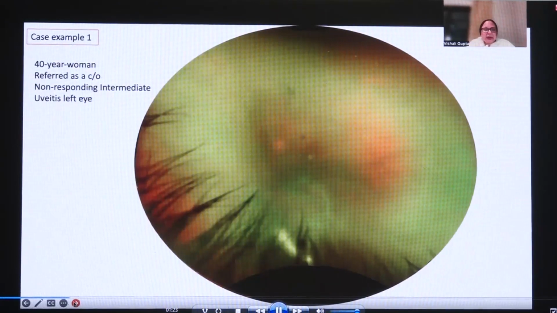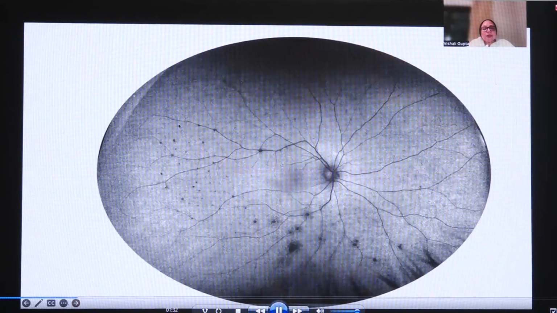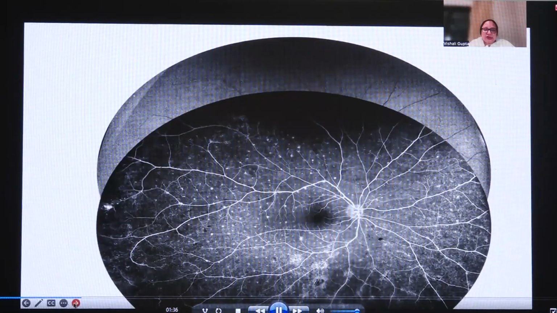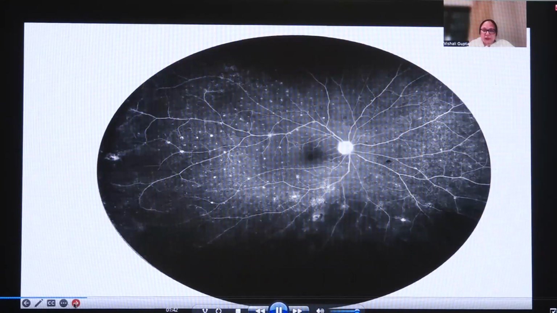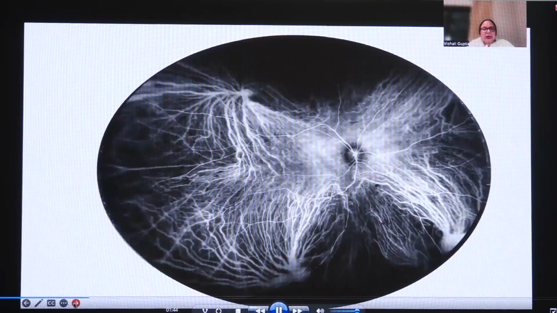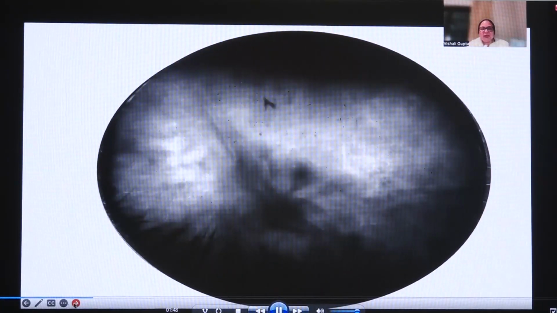The left eye, however, had vitritis, and it also had an Ozurdex implant in place. Autofluorescence showed those lesions to be hypofluorescent, and fluorescein showed these lesions became hyperfluorescent, but no leakage was seen. ICG was essentially normal. Left eye imaging did not show much.